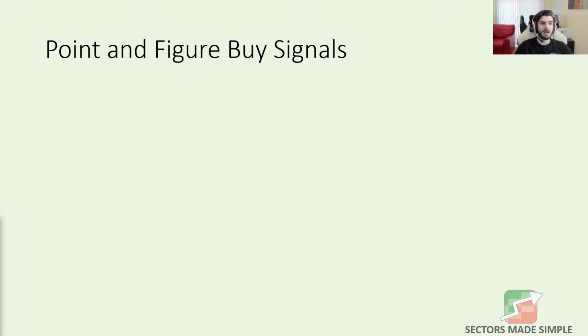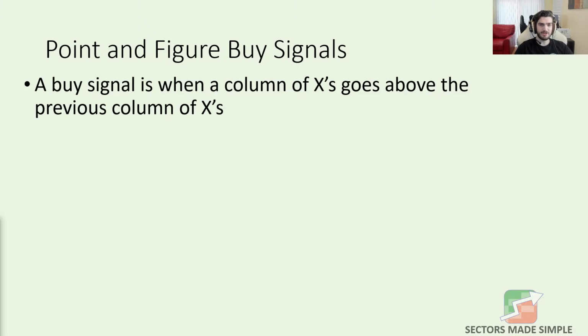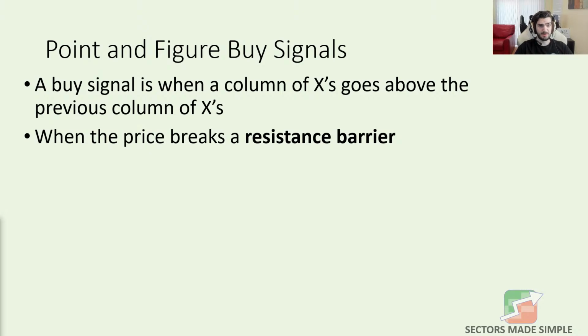Let's start off with a buy signal. A buy signal is given when our current column of X's, so we have to be in a column of X's, goes above the previous column of X's. So when the price goes up, and then reverses back down, that creates what's called a resistance barrier.